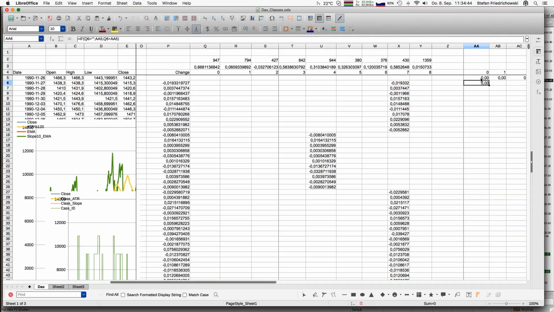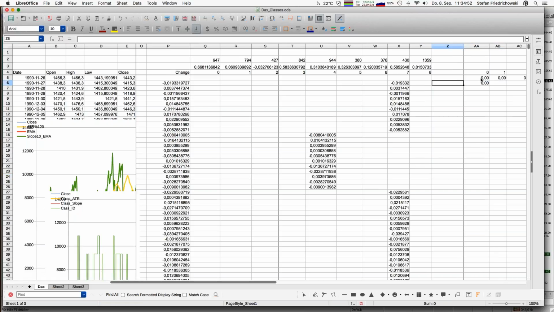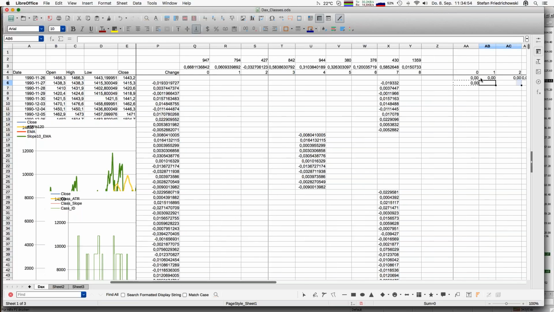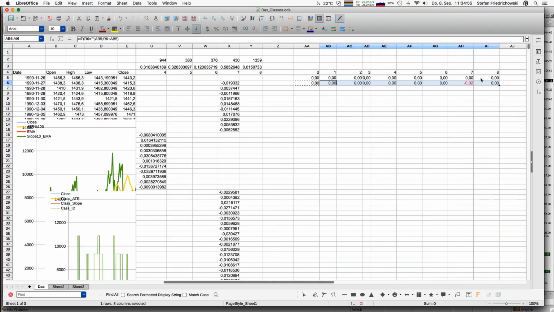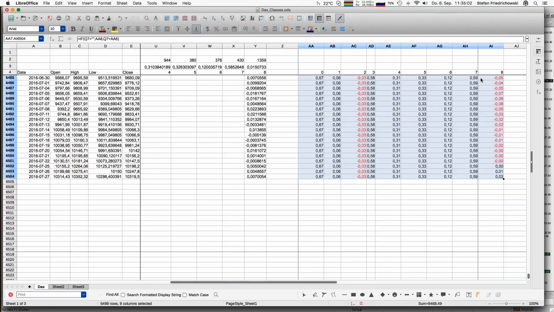So that is now the summation process. This has to be copied once again here, first I put all here, and then I can copy it downwards.